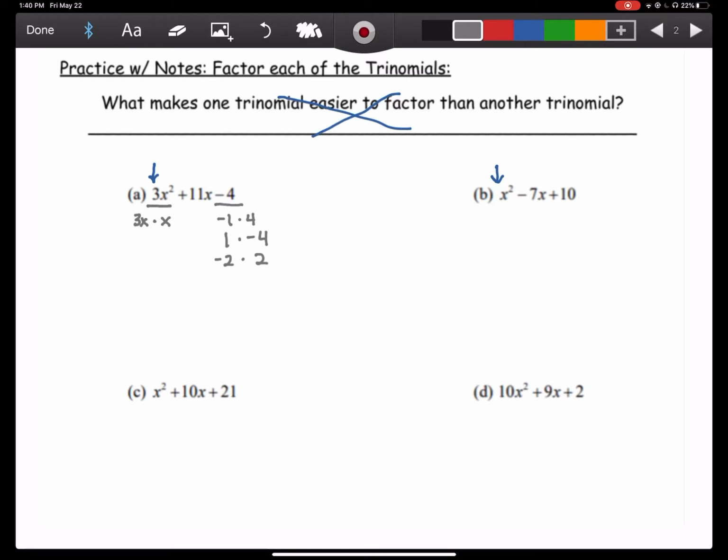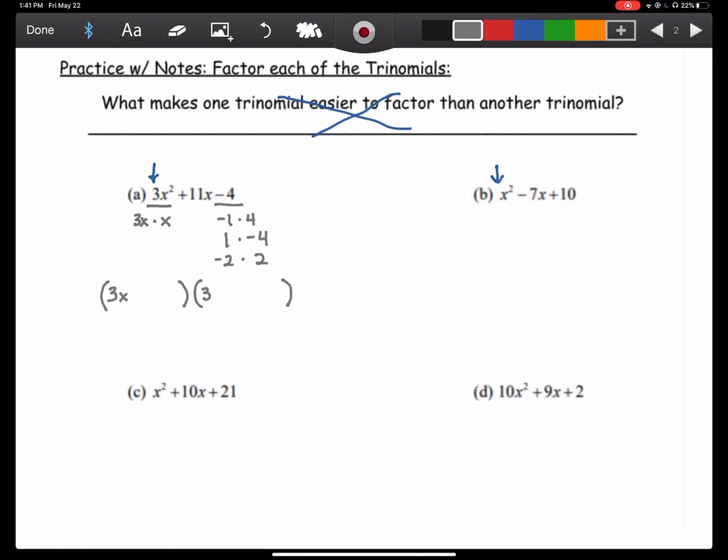Once we have all this laid out with the more challenging types of trinomials, the leading coefficients greater than 1, we're ready to set up our binomial times a binomial. And we're going to have to set up what we know we can trust. So we can trust that 3x times x is definitely the first term times the first term.